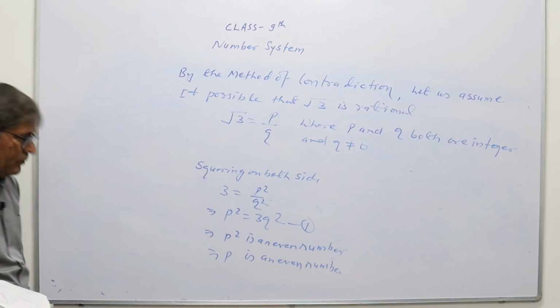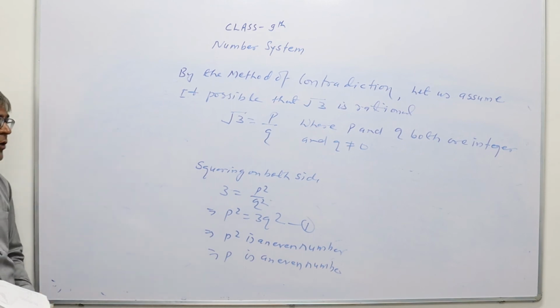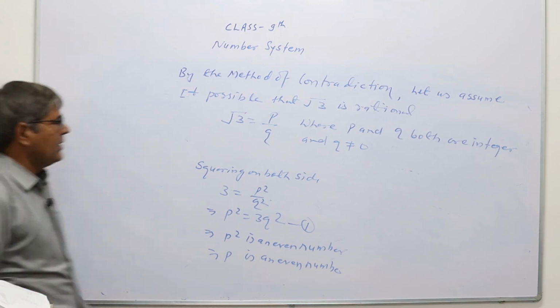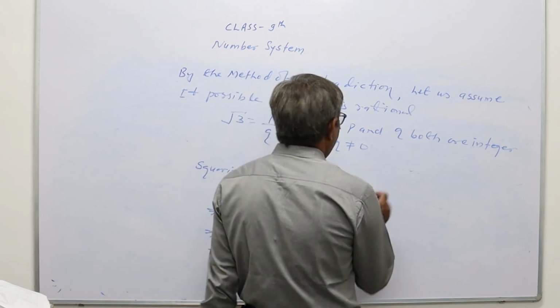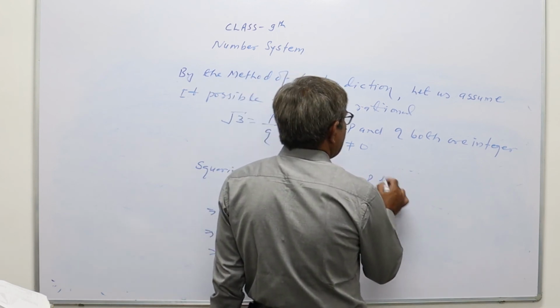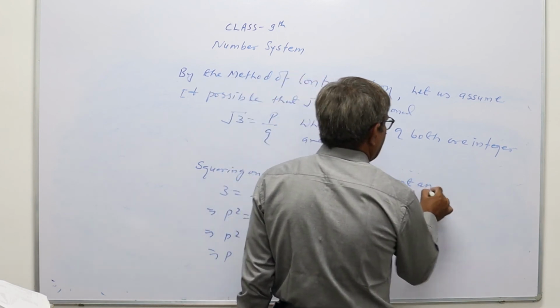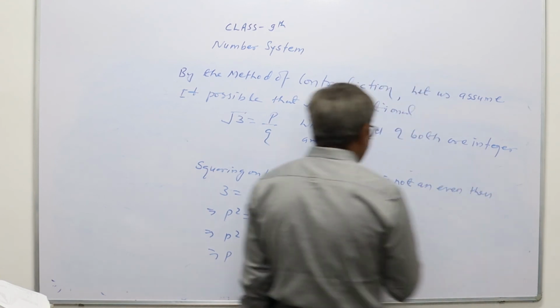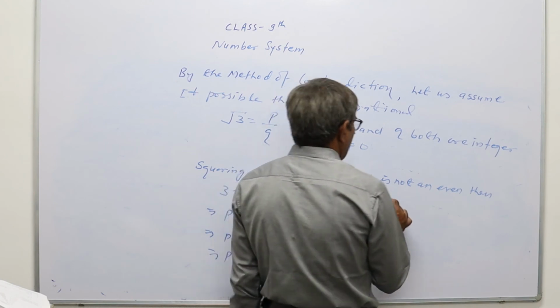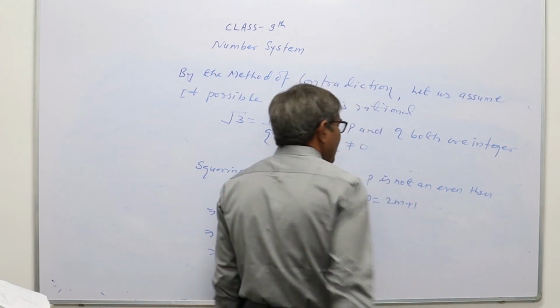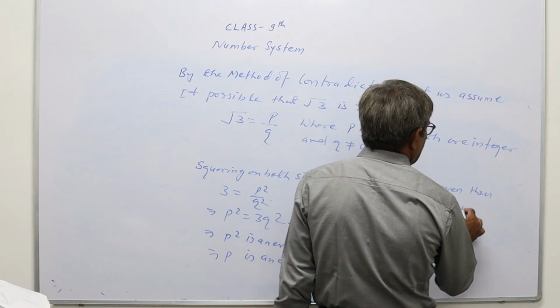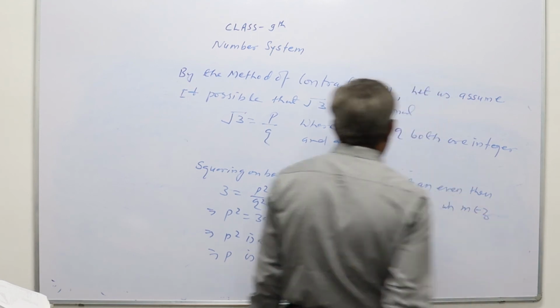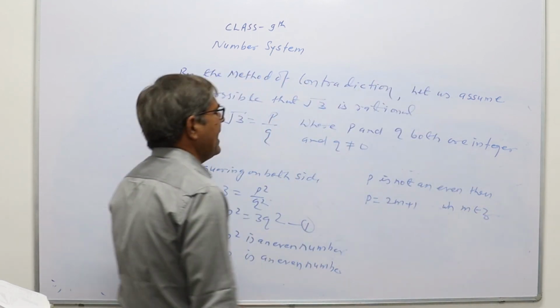Here p and q both are integers and they have no common factor other than 1. So if p is not even, then p equals 2m plus 1, where m belongs to Z, which implies that p is odd.